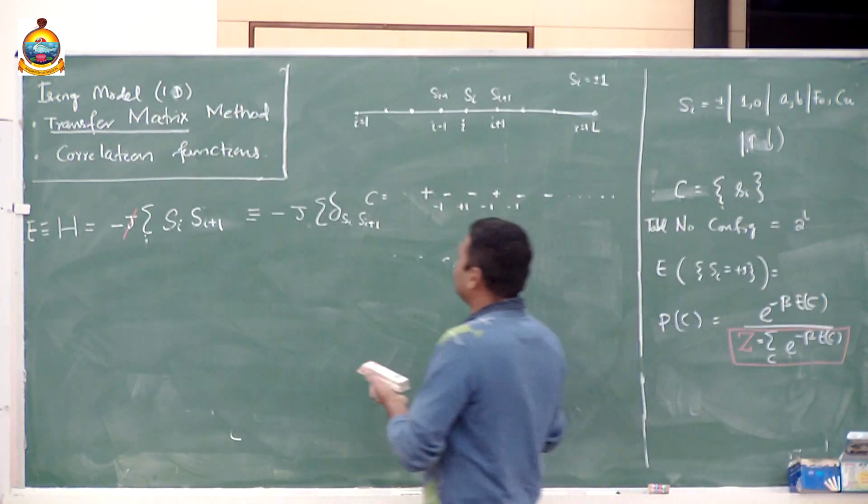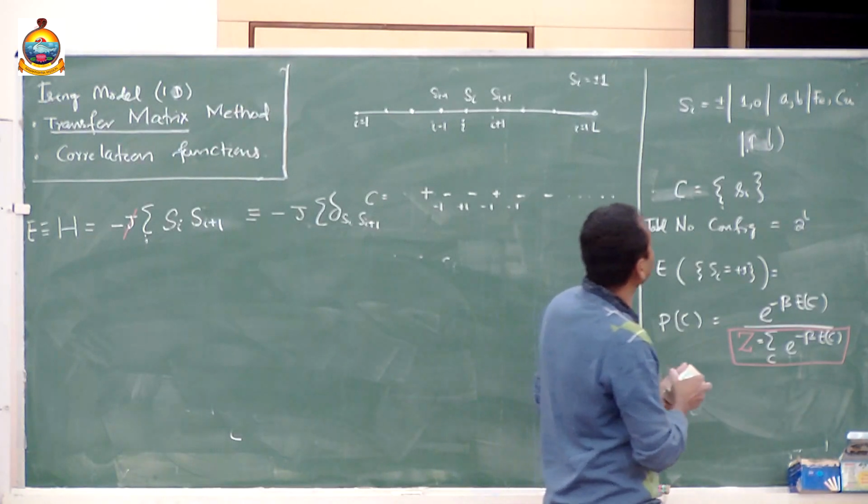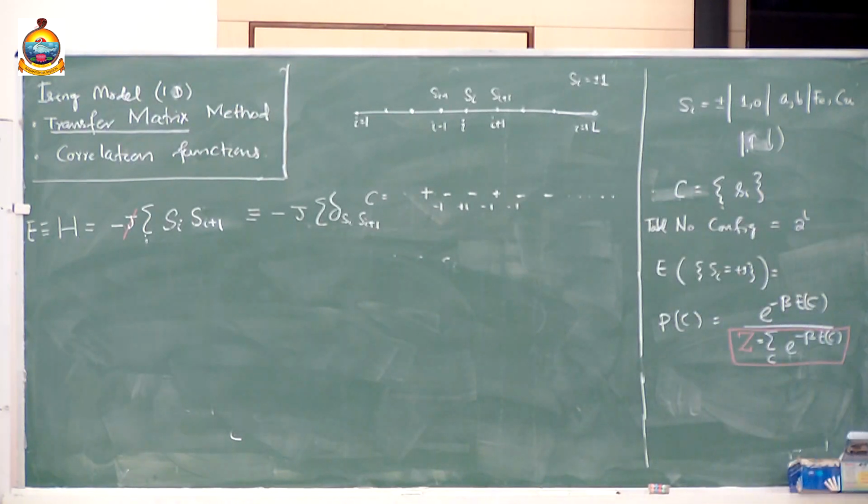So basically, where is my matrix T? Yeah, here. Here the matrix T is a 2 by 2 matrix. So getting the eigenvalues is easy. How do you get them? There is the trace. The trace of the matrix is the sum of the eigenvalues, and the determinant is the product.